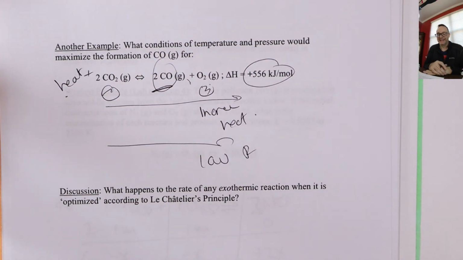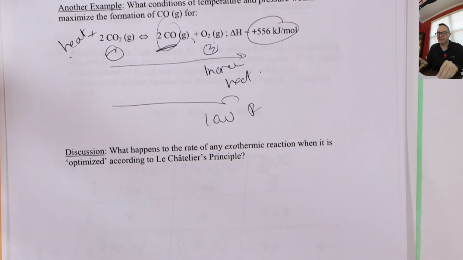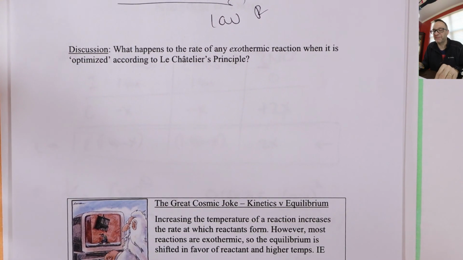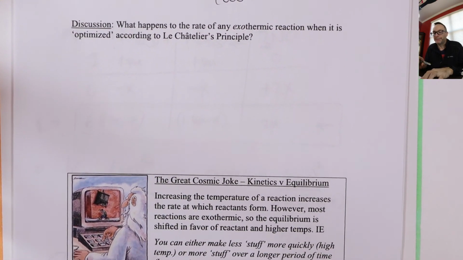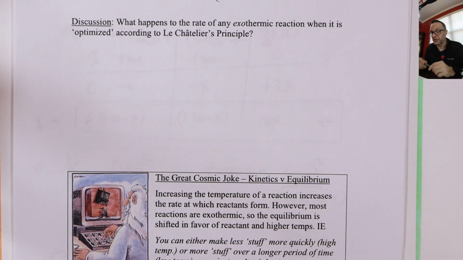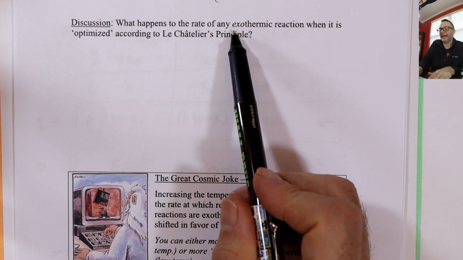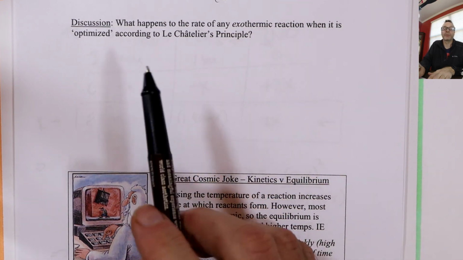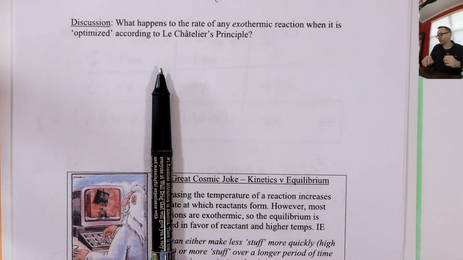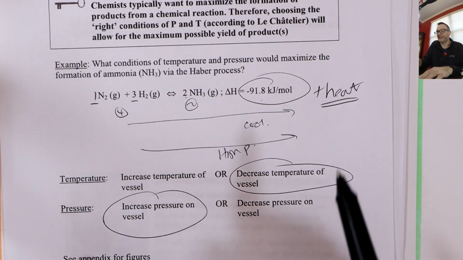Okay. Now, back to my previous comments. As you may have seen, I've been alluding to it all along here. This is kind of a cosmic joke, right? So what happens to the rate of any exothermic reaction when it's optimized? An exothermic reaction, as we just saw with ammonia, all right? Most good reactions are exothermic, right?